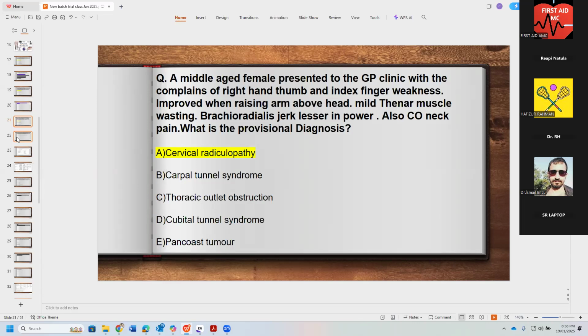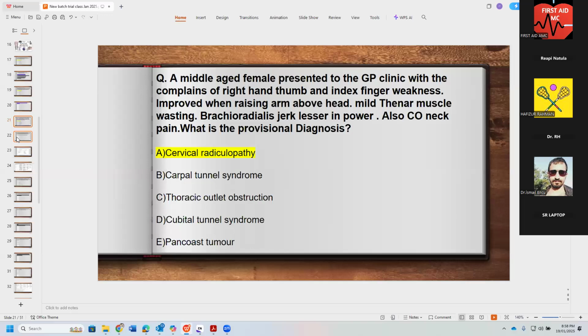Thenar muscle weakness does occur in carpal tunnel syndrome. In Pancoast tumor, just remember, guys, there will be ipsilateral Horner syndrome. Because it's on one side and it's compressing the cervical sympathetic nerves on one side, it can cause ipsilateral Horner syndrome.